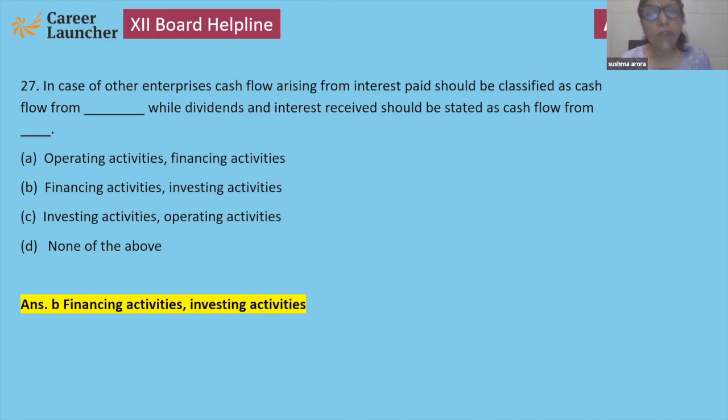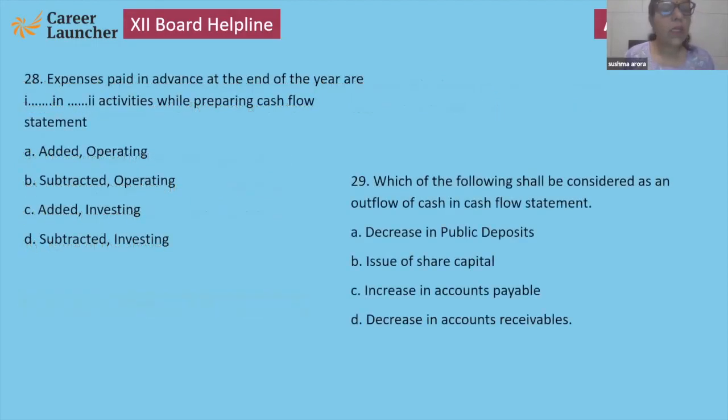See, students are confused about financing company and non-financing company. At the end, in today's session, I am going to explain it to you. Expenses paid in advance at the end of the year are dash in dash activity. Yes, it is added in operating.